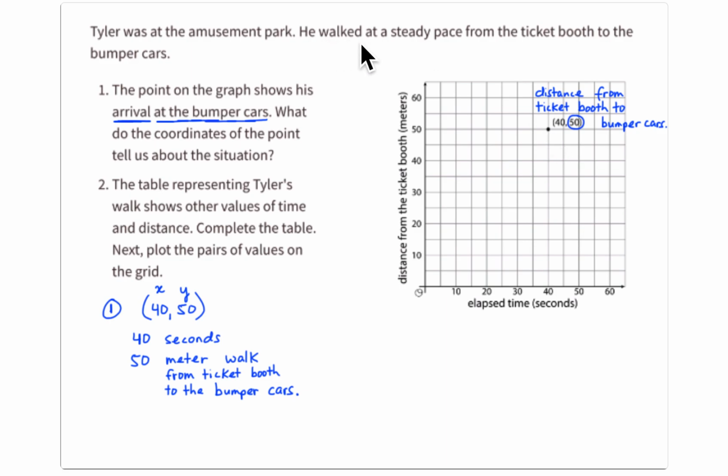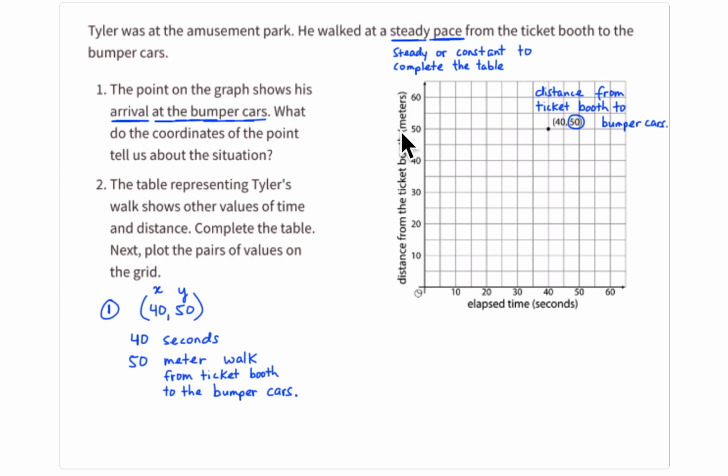Now he's traveling at a steady pace. And so that means it's a constant pace, and you need that idea to complete the table. And so it begins with traveling 50 meters in 40 seconds. So that's 50 meters per 40 seconds.